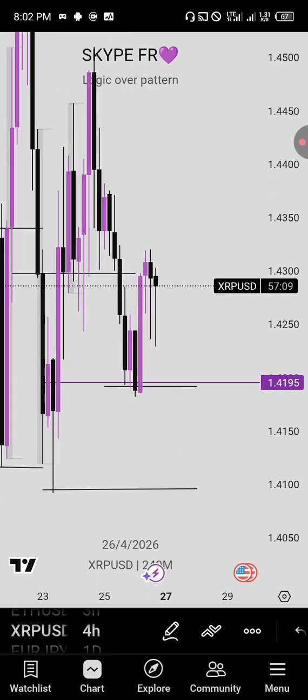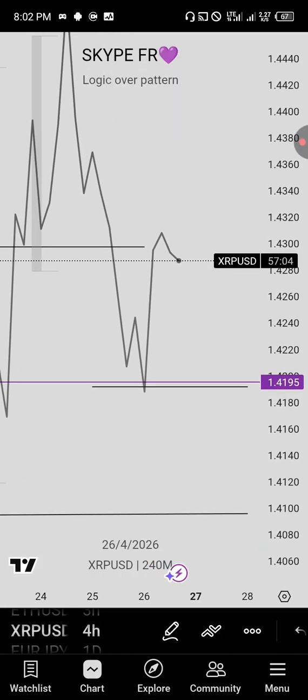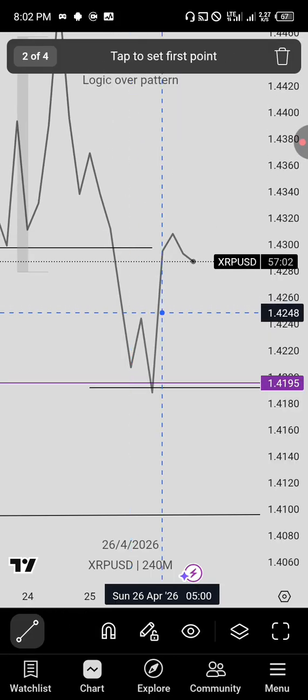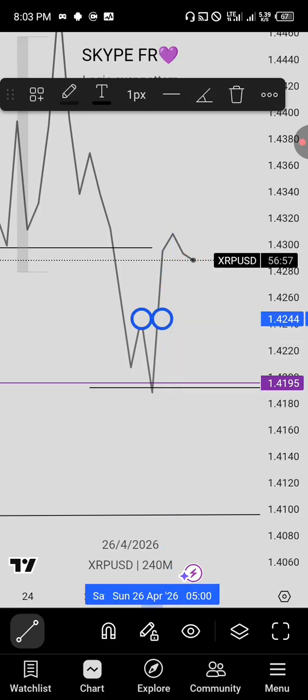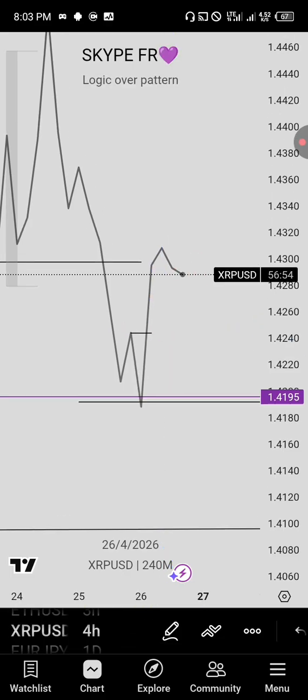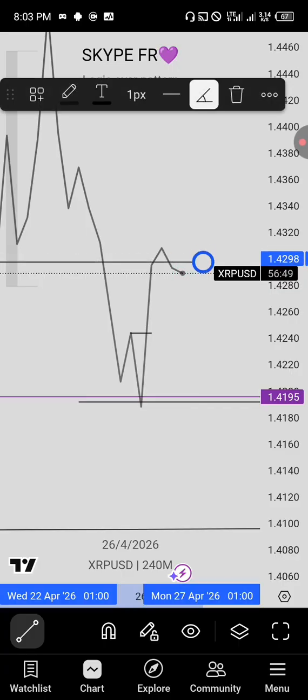Moving to 4 hour now, you can see we have a breakout here. But if you look at this particular level that is opposing our key level at the moment, there's really nothing much going on around there.